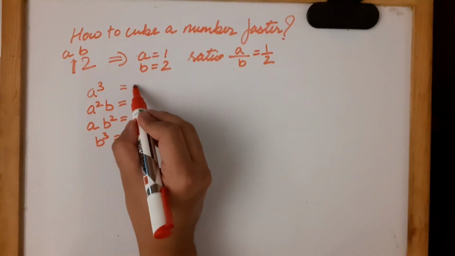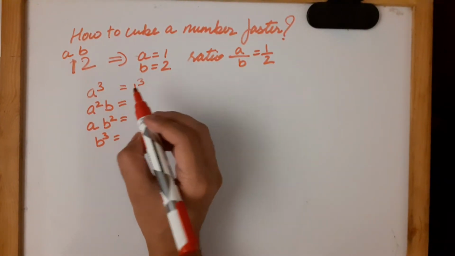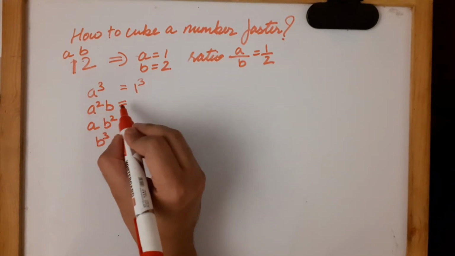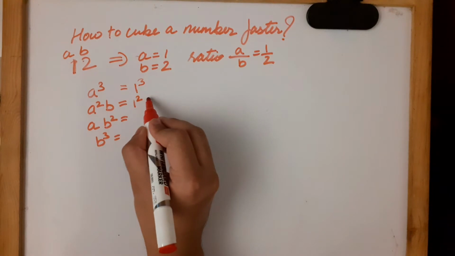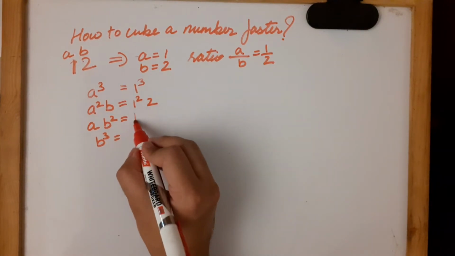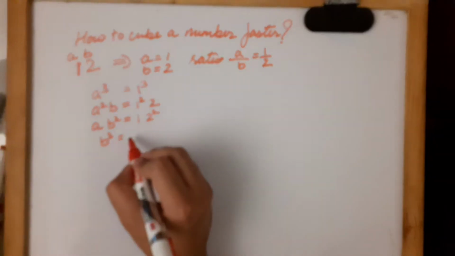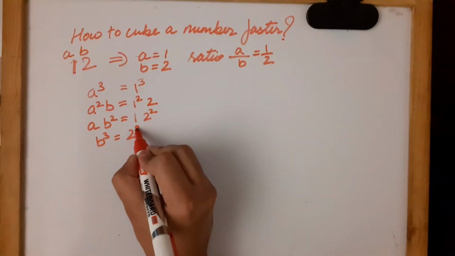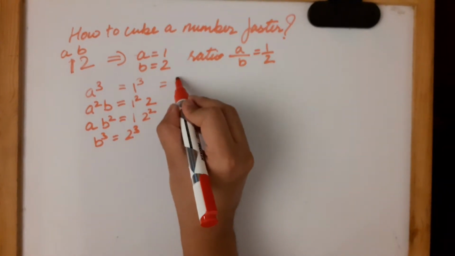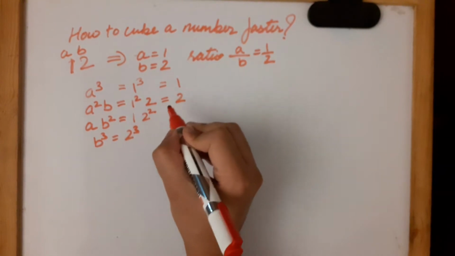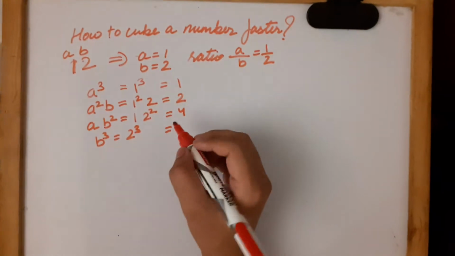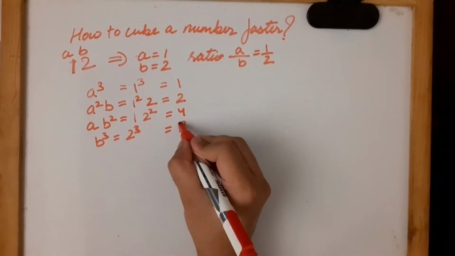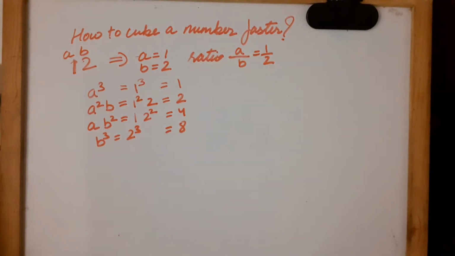A cube is 1 cube. And what is a square b? A square b is 1 square into 2. And what is b cube? B cube is 2 cube. What we get here is 1, here is 2, here is 4, and here 2 cube is 8. So the numbers we got are 1, 2, 4, and 8.